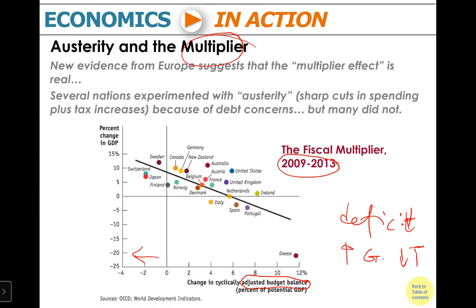On the other hand, if you have a positive budget balance, you are running a surplus, meaning you cut government spending or increased taxes. Clearly you can see there is an inverse relationship. The more you spend, going in this direction, the higher the percentage change in GDP, or the larger the multiplier.